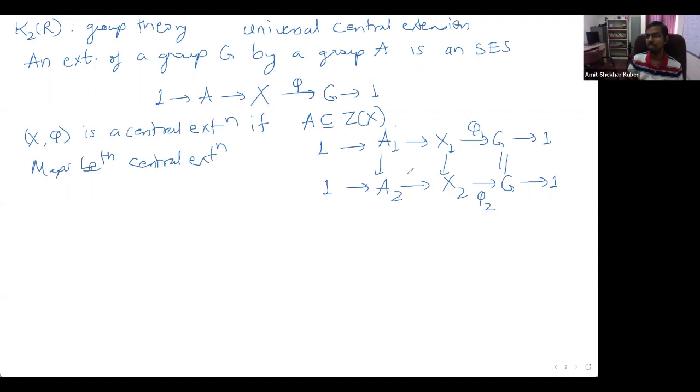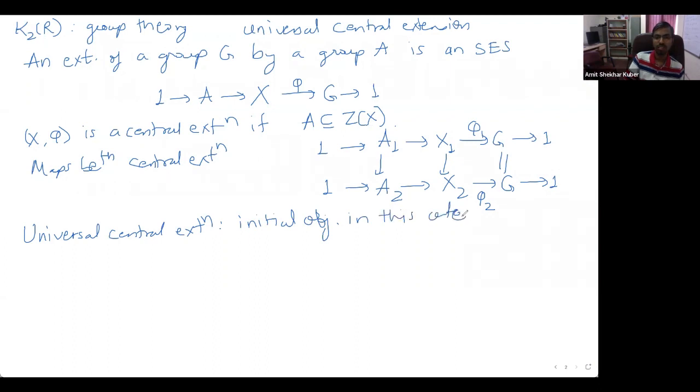These are maps between central extensions. You can define equivalence relations and so on, and there is a very nice relationship with the cohomology of a group, but we are not going to go into those details. But the universal central extension is the initial object in this category of central extensions of this group.